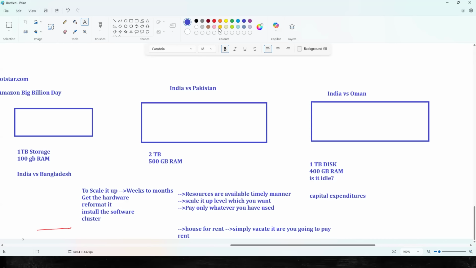There is no capital expenditure, only operational expenditure. Just as you rent a house, in a similar fashion you are going to rent the services. Whenever you don't want them, simply throw them away.